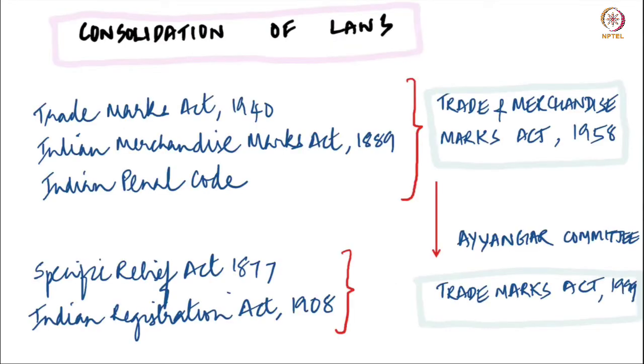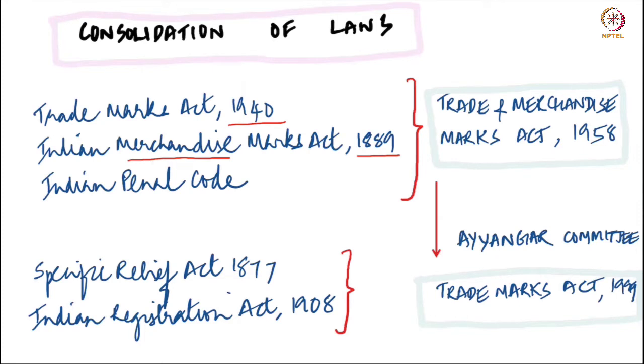Now, if we look at the laws pertaining to trademarks, we can see a consolidation of laws happening over a period of time. First, there was the Trademarks Act 1940, which existed during the British time, and there was also an Indian Merchandise Marks Act. Merchandise, we had already mentioned that trade in goods or services could also refer to merchandise, which again is a British Act which existed since 1889.